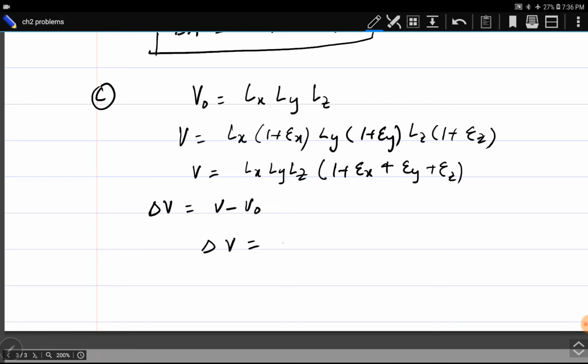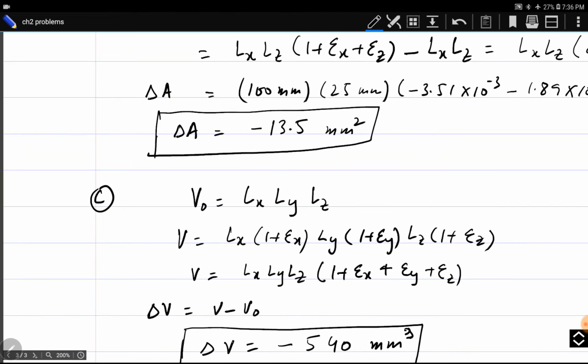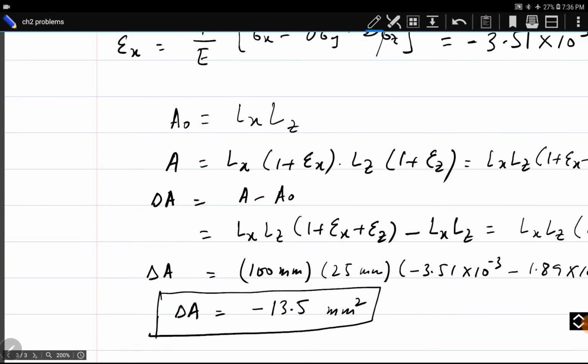So it will be minus 540 millimeter cube. Minus means there is a decrease in volume. Change in volume is negative. It is a decrease. I hope you have understood it, because there is mostly trigonometry or mathematics involved in this equation.